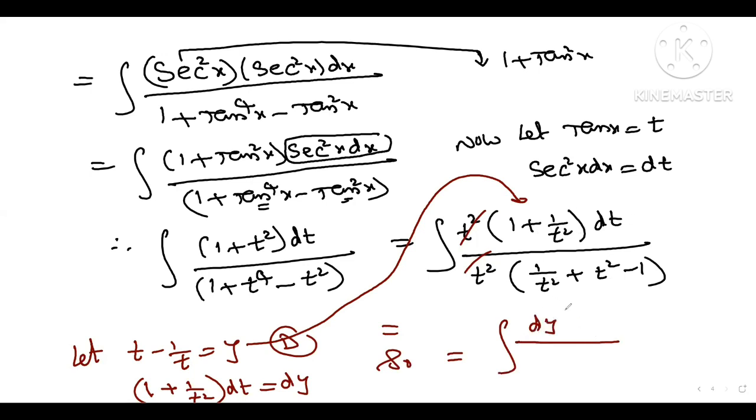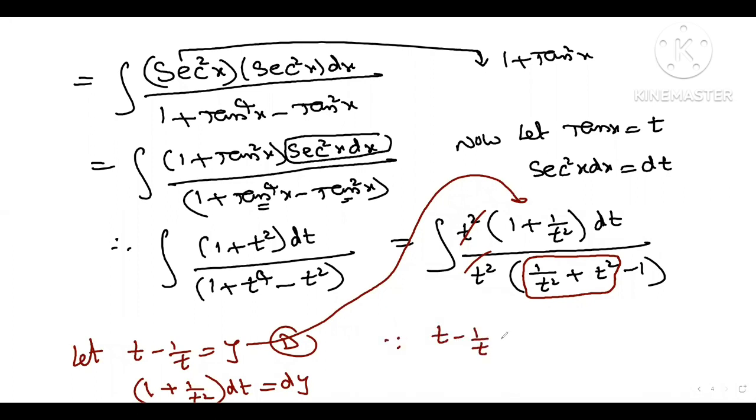Dy by, first we need to find the value of 1 by t squared plus t squared. How can we find it? Here we have assumed t minus 1 by t is equal to y. Now squaring on both sides, what do we get?